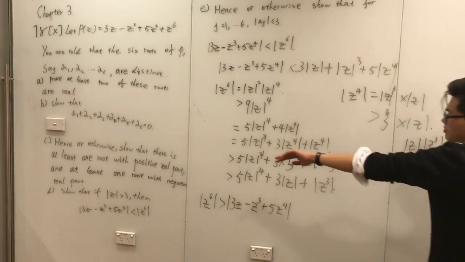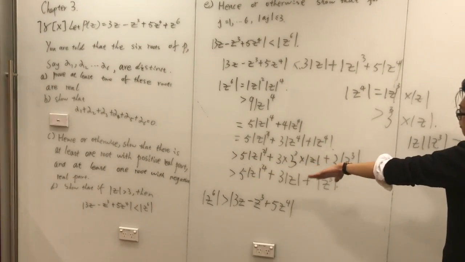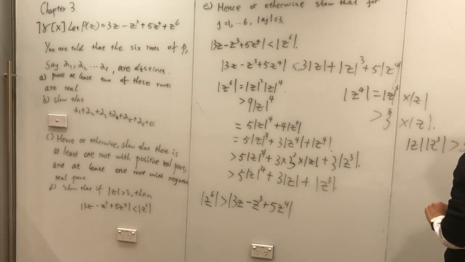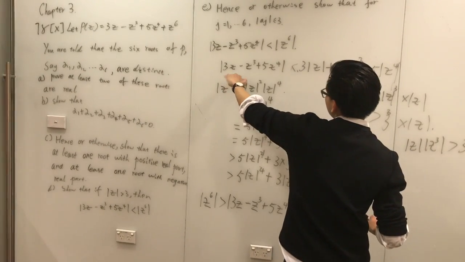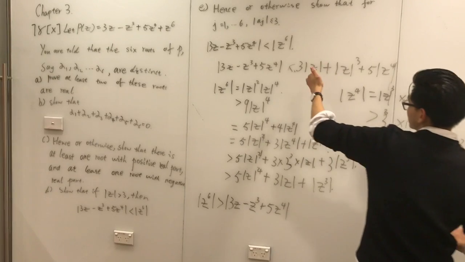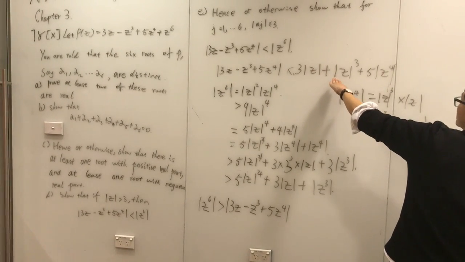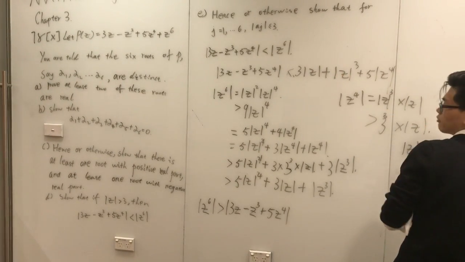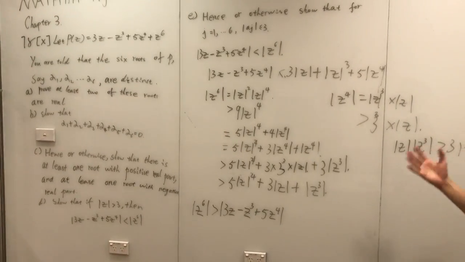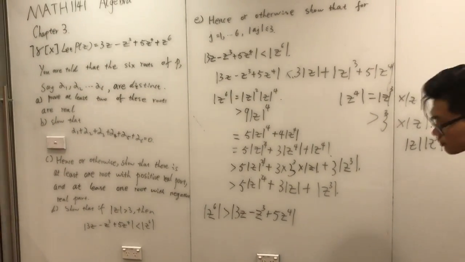Because |z|⁶ is bigger than 5|z|⁴ plus 3|z| plus |z³|, and |3z − z³ + 5z⁴| is less than |3z| + |z³| + |5z⁴|. So we just successfully proved the question.